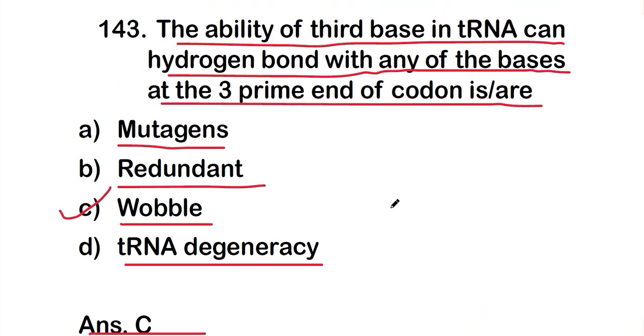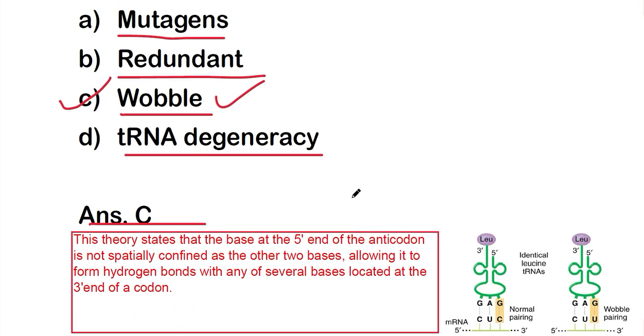So what is this? The ability of the third base in tRNA to hydrogen bond with any of the bases at the 3' end of the codon is wobble, and the hypothesis is known as the wobble hypothesis. The theory states that the base at the 5' end of the anticodon is not spatially confined as the other two bases, allowing it to form hydrogen bonds with any of several bases located at the 3' end of a codon.